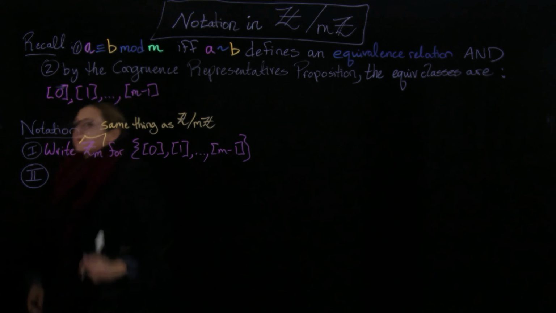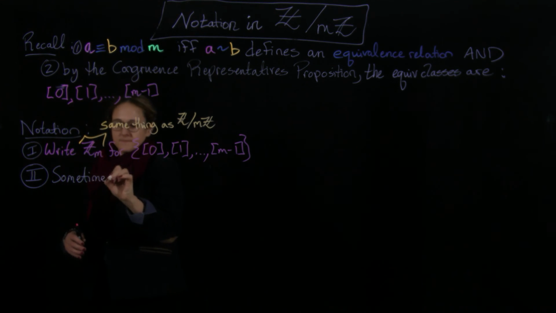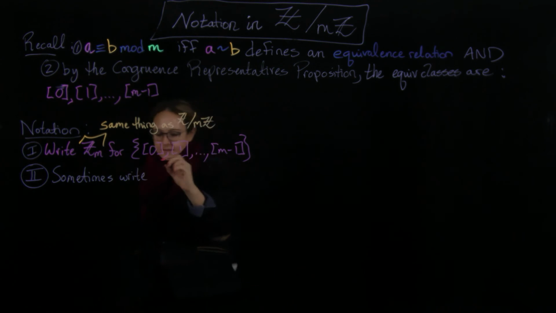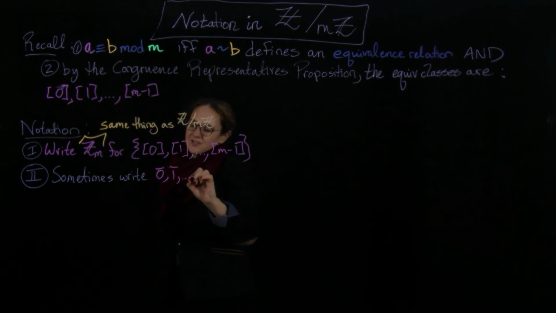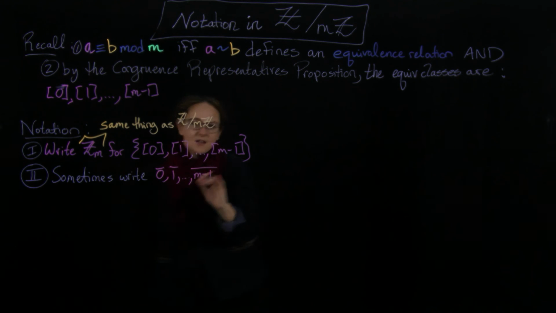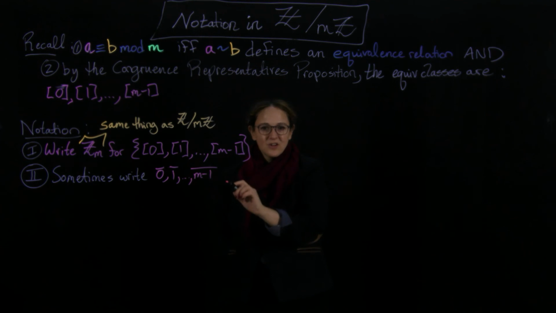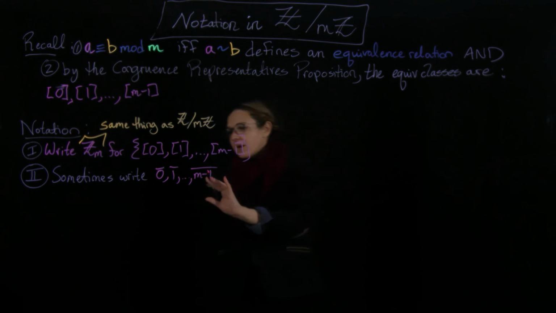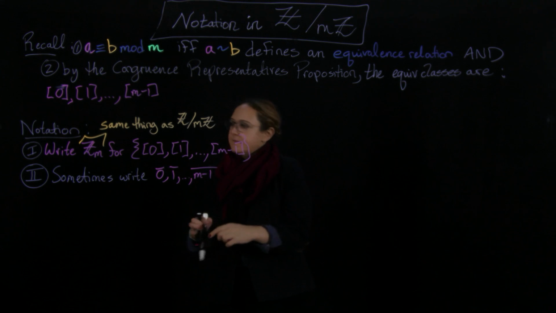So sometimes we're going to write 0 bar, 1 bar. Now you know why I kept on accidentally writing bars. It's just easier notation. When you're writing something enough times, having something quicker like that ends up being significant.